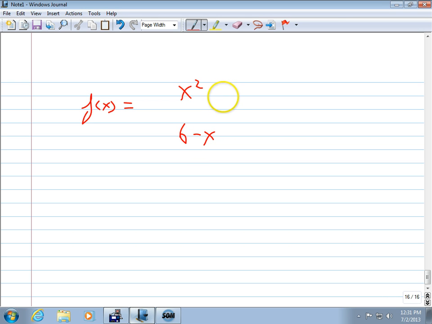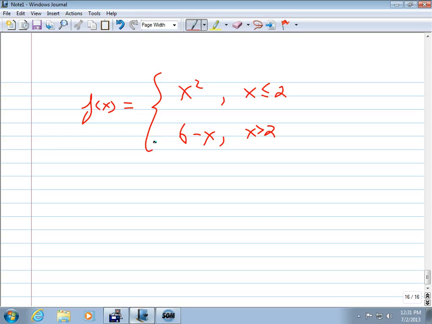And I have to say what they are. So the domain where it acts like x squared is when x is less than or equal to 2. And the domain where it acts like 6 minus x is when x is greater than 2. So this piecewise defined function behaves differently depending on the input.